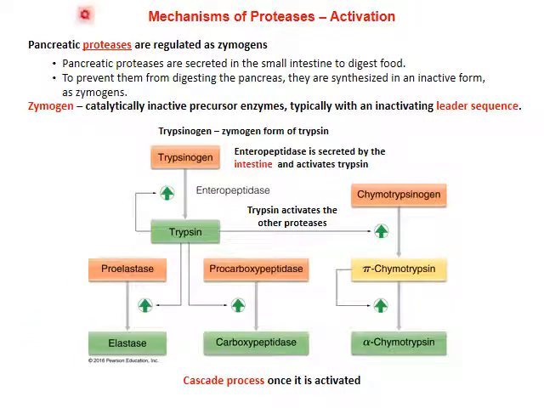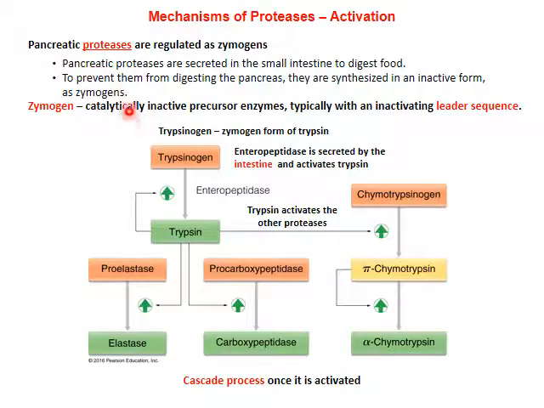To finish out this topic, we're going to look at one family of enzymes called the proteases, and we're going to look at the mechanism of proteases, specifically serine proteases. So here is a diagram showing you the relationship between these different proteases and their activation.